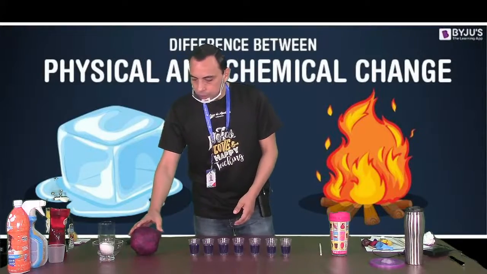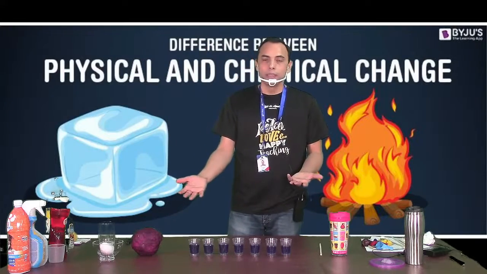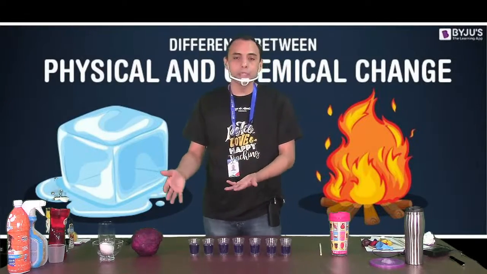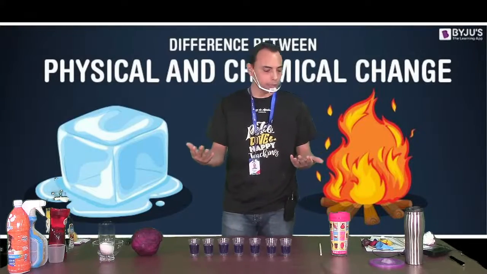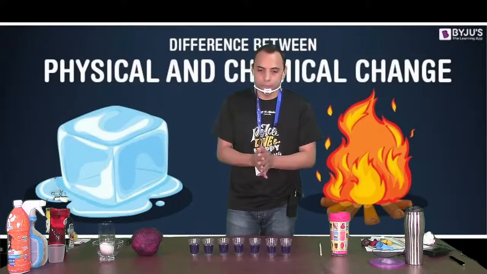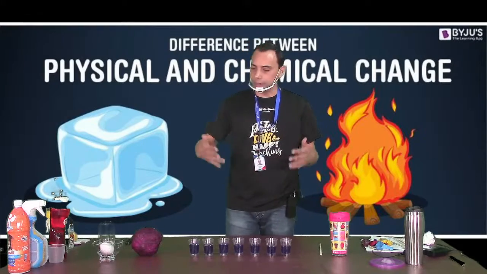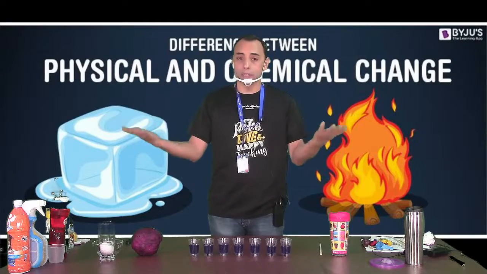Okay, so why does it have that color? It has that color because some plants have these very peculiar, very special molecules that are called flavonoids. Flavonoids, some molecules that give some colors to the plants.